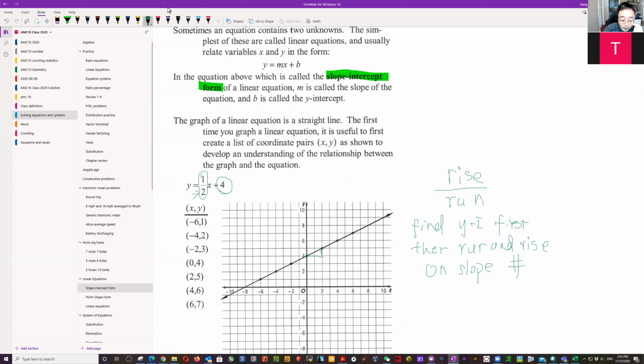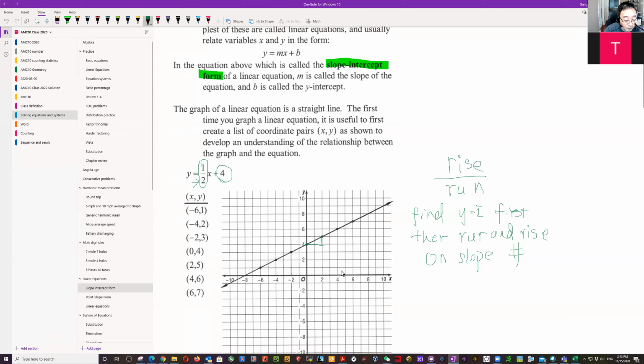And you can keep doing the same: run 2, rise 1, run 2, rise 1. And going backward, you have to go back 2, then descend 1. Because you are going backward, everything has to be reversed. That's where you are able to draw the line.